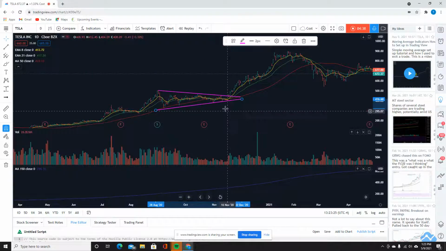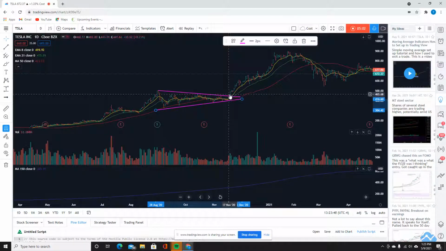And then I kept watching the stock and I kept waiting for it to break out above this trend line. I'm a breakout trader and I like to trade technicals. And so I was waiting for it to break out above this trend line. And the news announced that Tesla was going to be listed in the S&P 500.